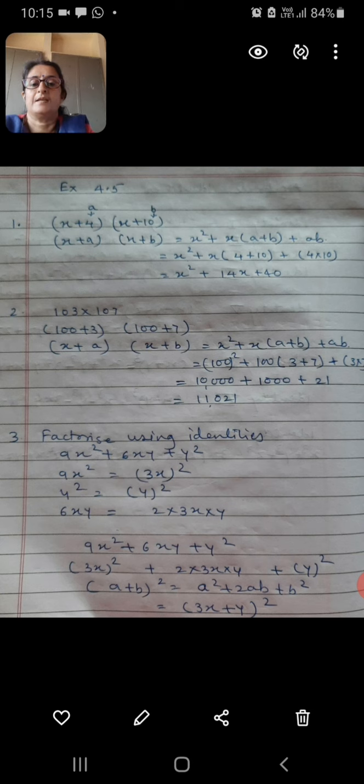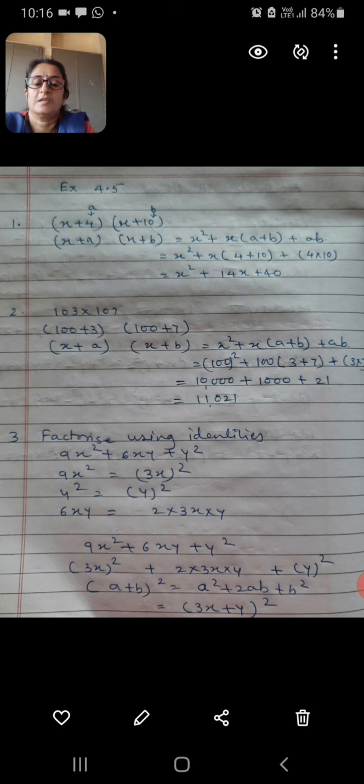Factorize using identity 9x square plus 6xy plus y square. Here the expansion is already given and you have to factorize that. So you have to find out the factors of the given term. The square root of 9x square will be 3x, the whole bracket square. The square root of y square is y, and if you split 6xy, it is 2 into 3x into y.